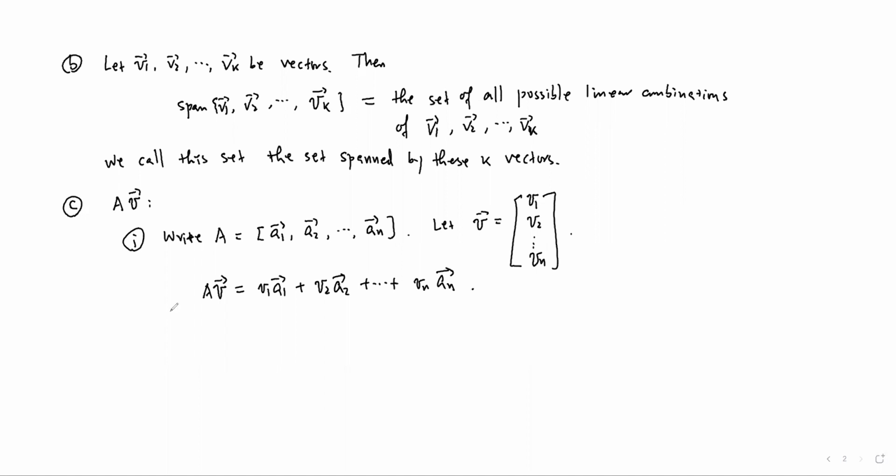Formula 1. Second formula. A times V is a vector.